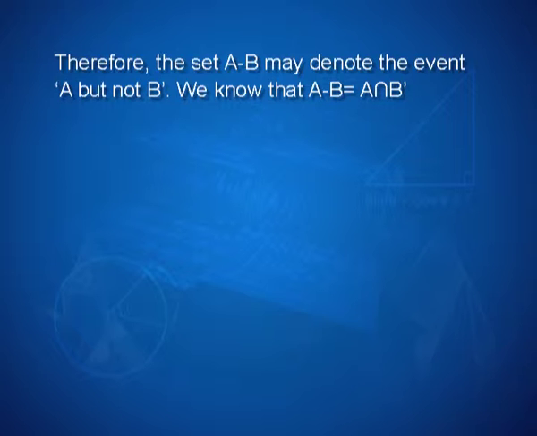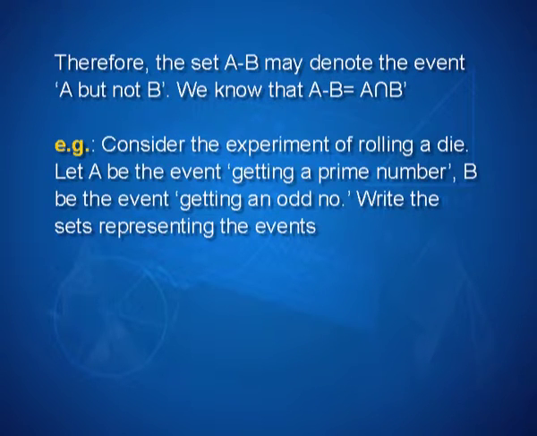Now, consider another example here. Consider the experiment of rolling a die. Let A be the event getting a prime number, B be the event getting an odd number.